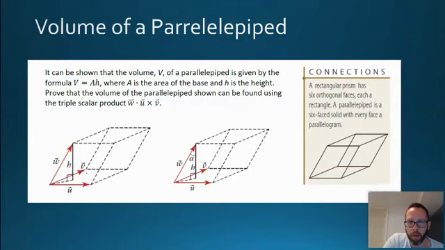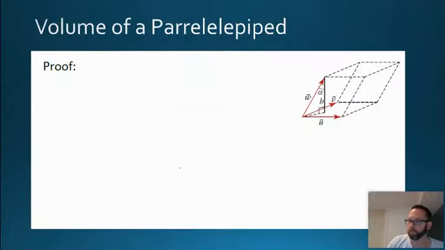Our starting point is that the volume for any prism, which you learned in your grade 9 course or earlier, is area of base times height. So that'll be our starting point: volume equals area of base times height.